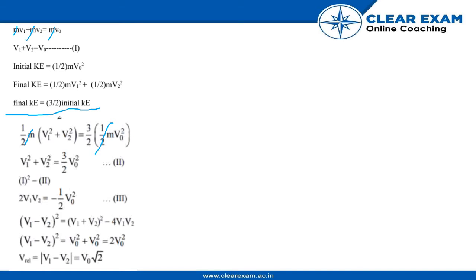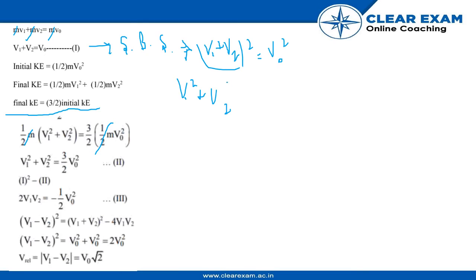Now what we are going to do is simply square both the sides on equation 1. That will result in (v1 plus v2) square equal to v0 square. It means we are getting v1 square plus v2 square plus 2v1 v2 equal to v0 square.